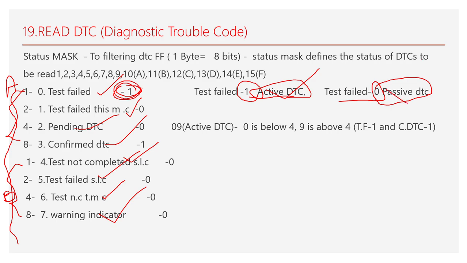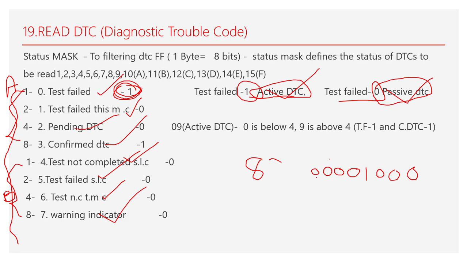For example, I am giving the input as 80. See here, I am giving 8. What is the test field bit I am getting? I am getting 0, 0, 0, 0, 1, 0, 0, 0.